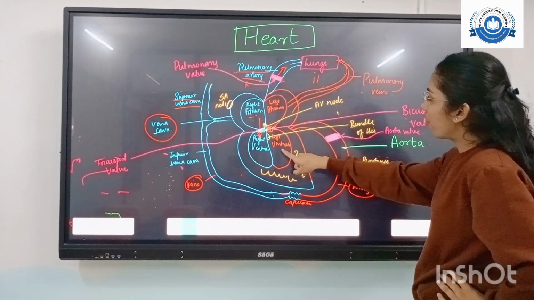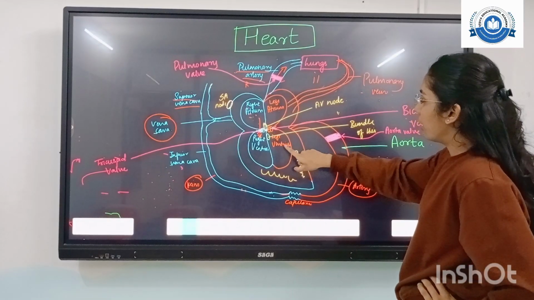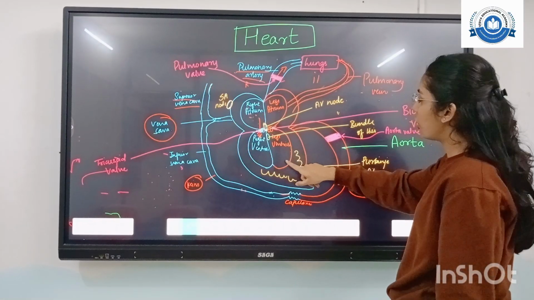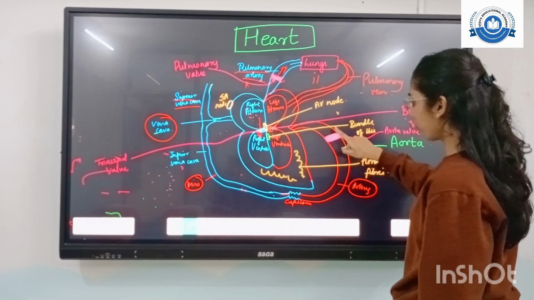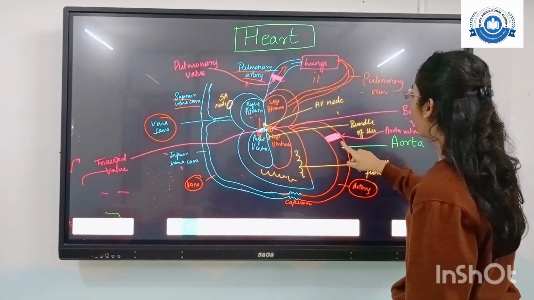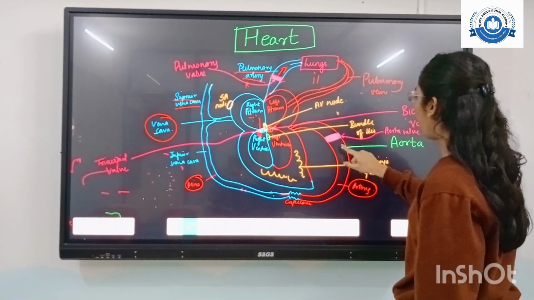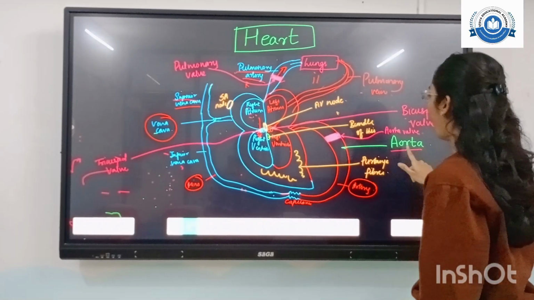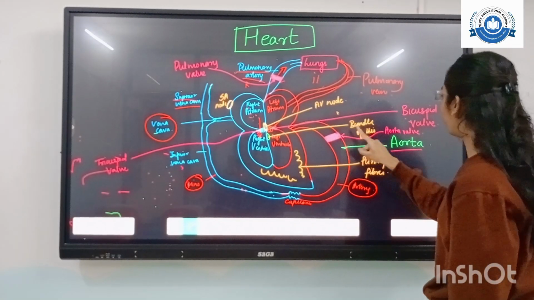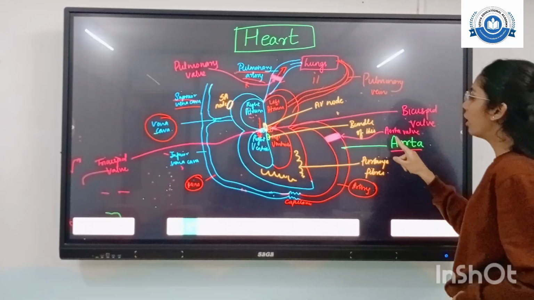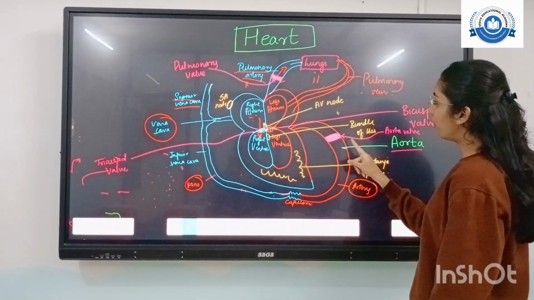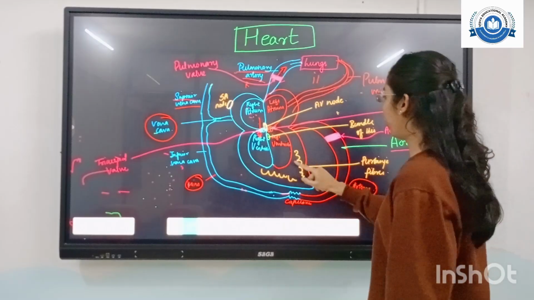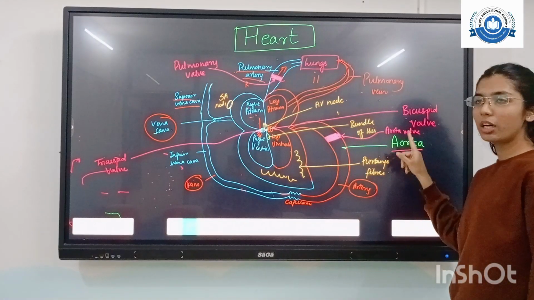After coming into the left ventricle, this purified, oxygenated blood is given out to the body through an artery called the aorta. And here also we have one valve which is called the aortic valve, which does not allow the blood to go backward to the left ventricle. For that purpose we have the aortic valve.